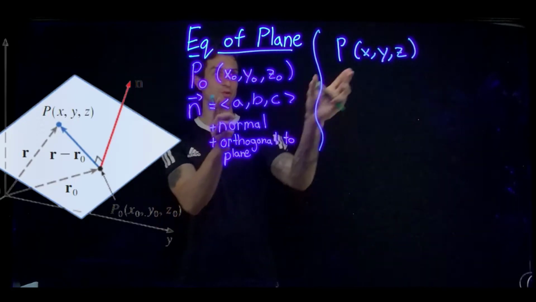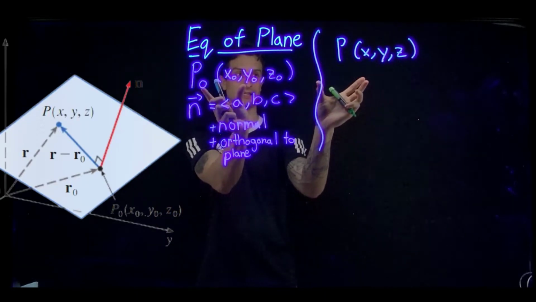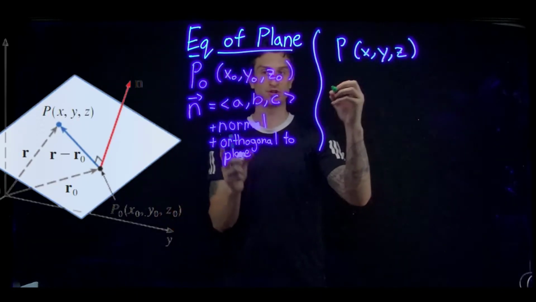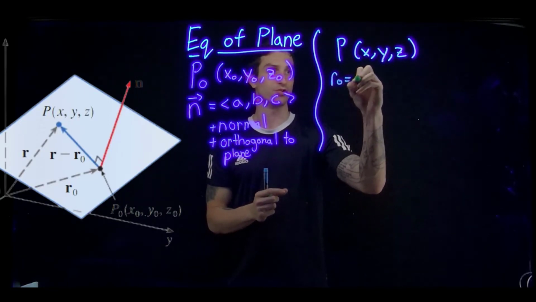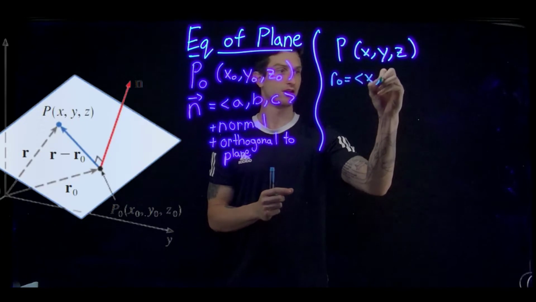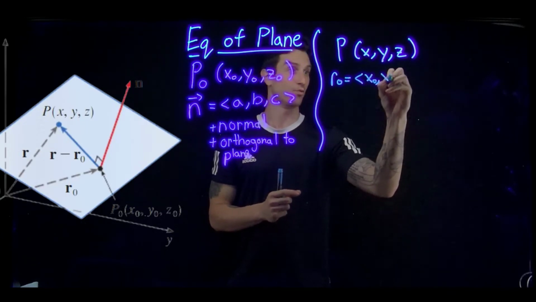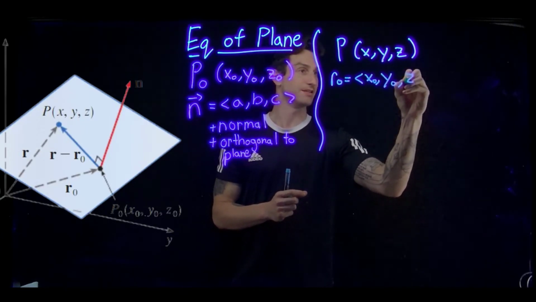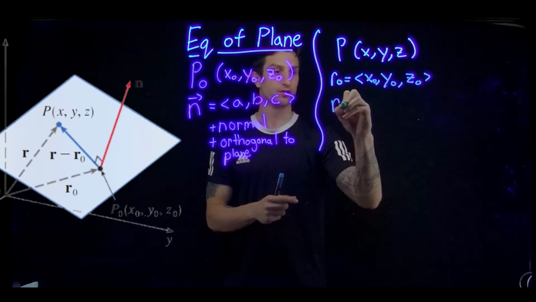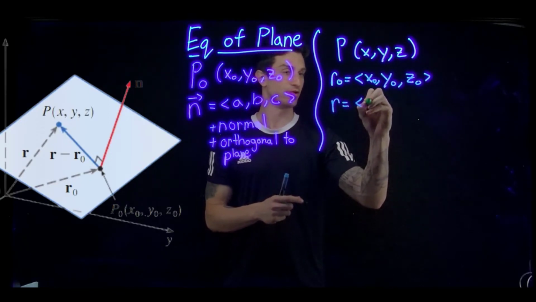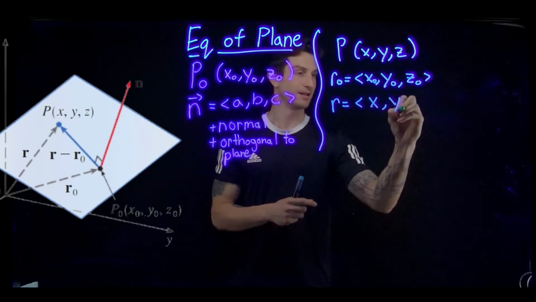Now, what we want to do with both P and P naught, right, is create position vectors. So R naught will be equal to x naught, y naught, and z naught, where P will be R, right? So these are both drawn from the origin x, y, and z.